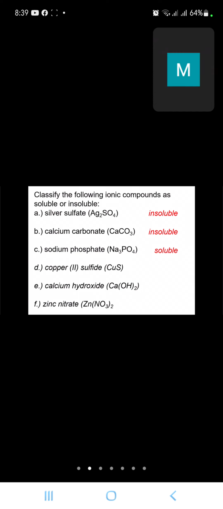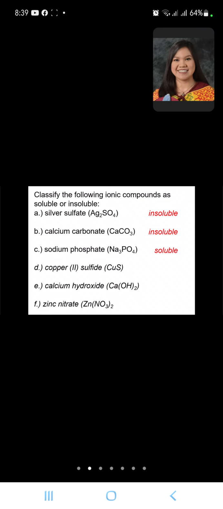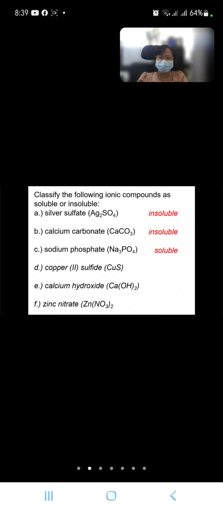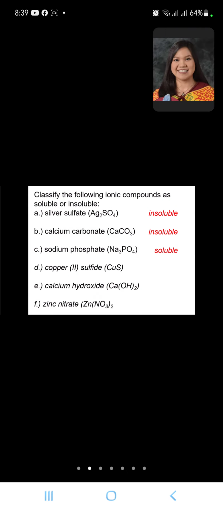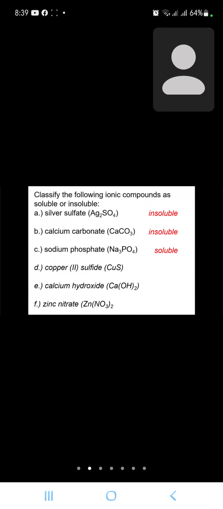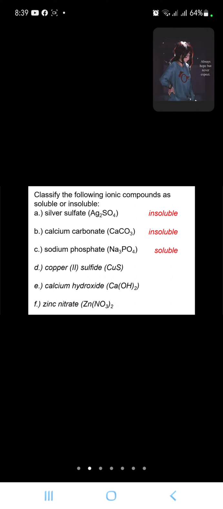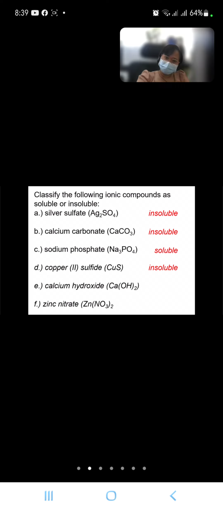Copper 2 sulfide is insoluble. Why insoluble? Is it because of copper? No. Sulfide is already insoluble. Correct. So it was paired with copper, so insoluble. How about calcium hydroxide?